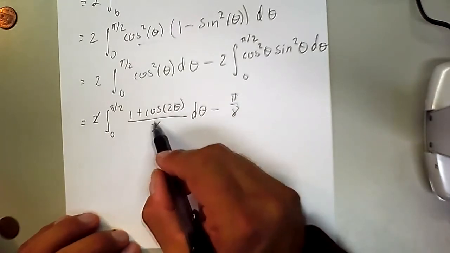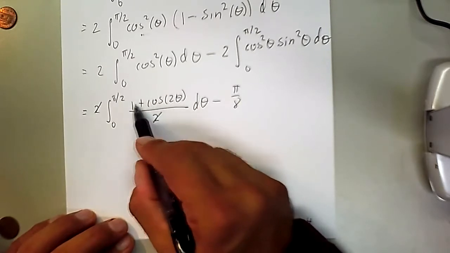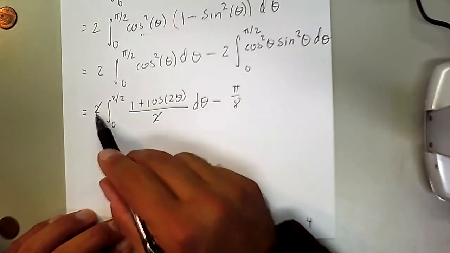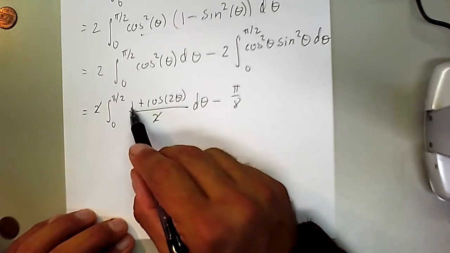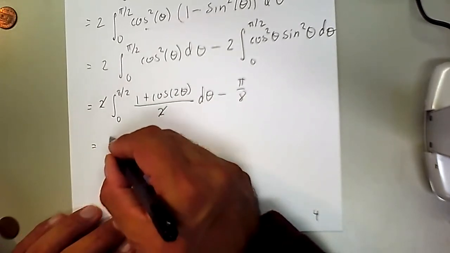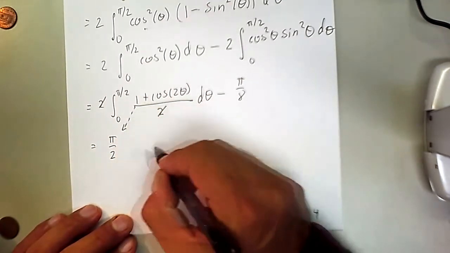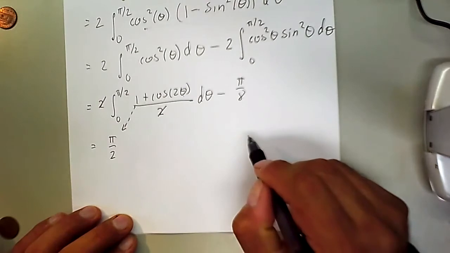Cosine of 2 theta. Well, let's split this into two integrals. The integral of 1, because the 2's are already gone, from 0 to pi over 2. Well, that is going to be just pi over 2. So that came from the 1. Cosine of 2 theta.